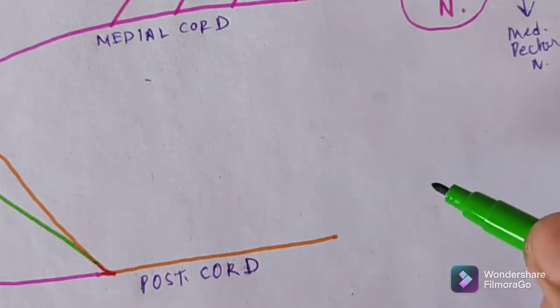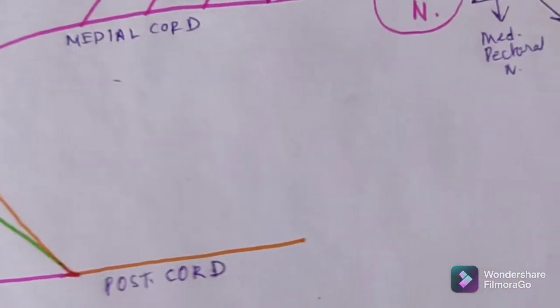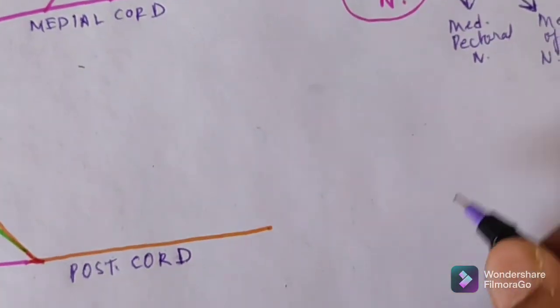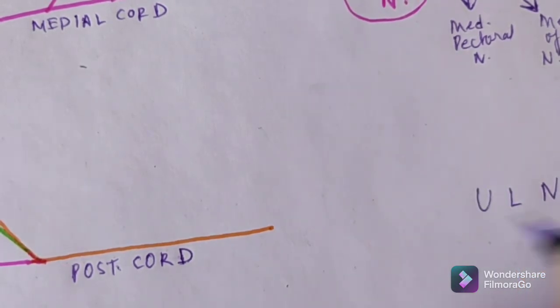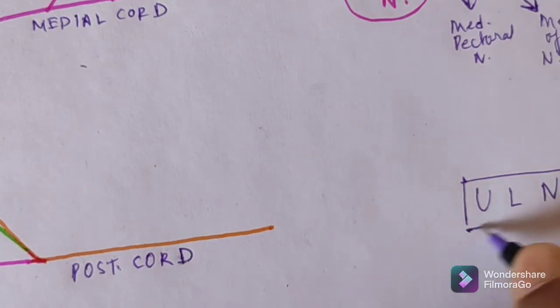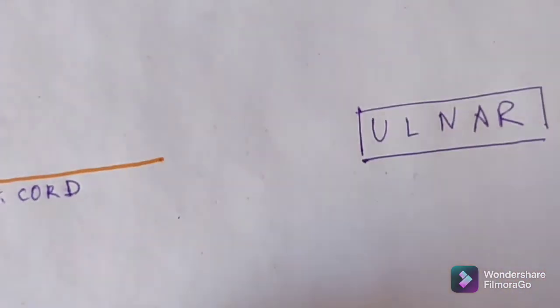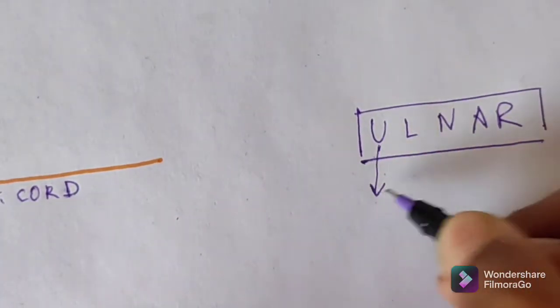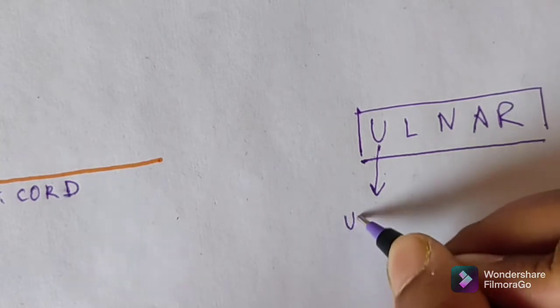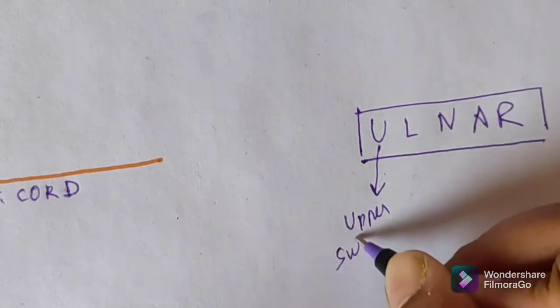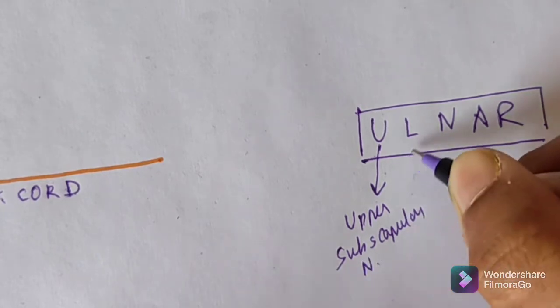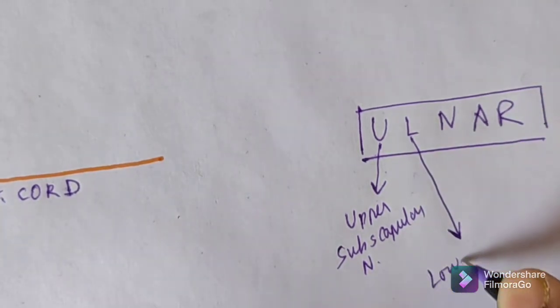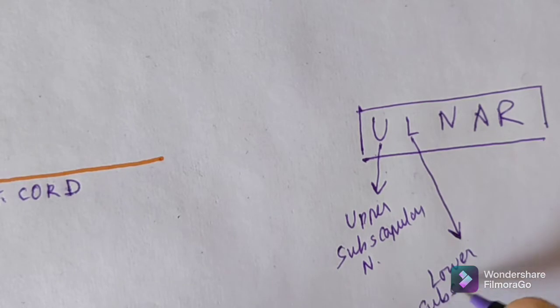Now let's make the branches of the posterior cord. Now to remember the branches of the posterior cord, you must remember this mnemonic as ULNAR. Okay. Now what does it stand for? Ulnar. Now U stands for upper subscapular nerve. L stands for lower subscapular nerve.